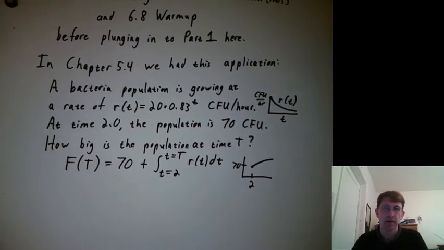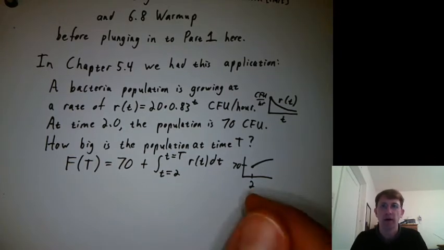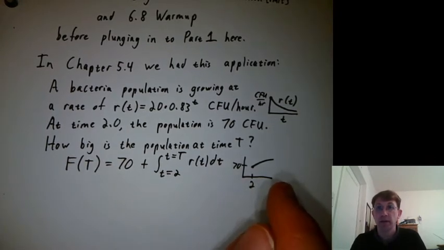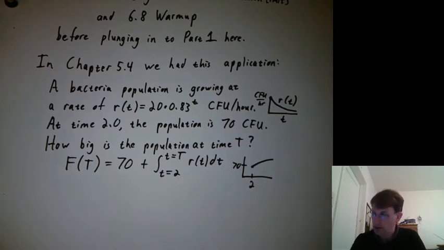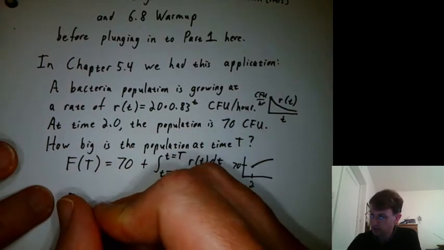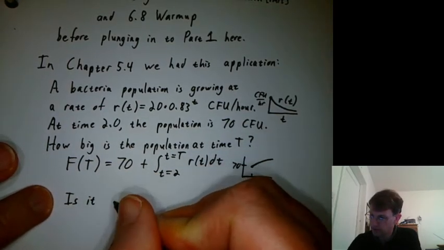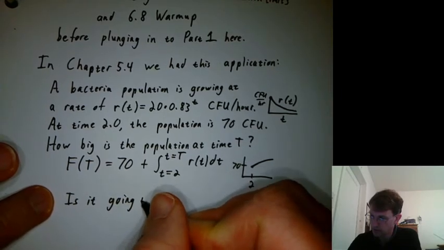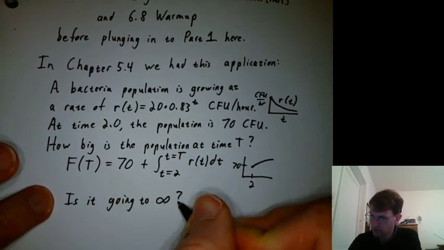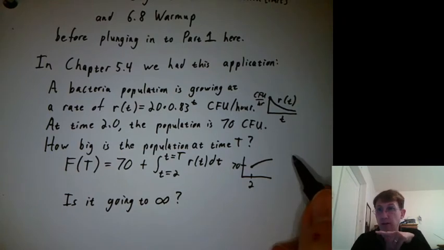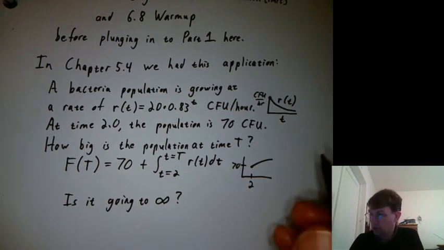And I asked a question there, and we didn't spend a lot of time on it. What happens as t goes to infinity? Is it going to infinity? Or will this level off? Will there be a horizontal asymptote?